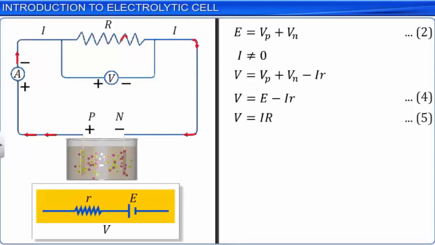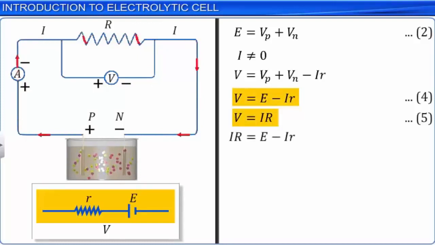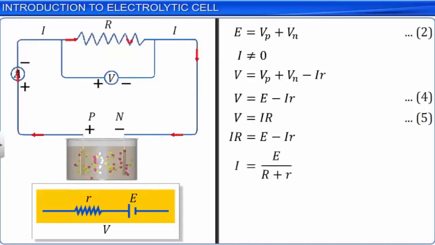Combining equations 4 and 5, we get I into R is equal to E minus I into r. On rearranging the terms in this equation and simplifying, we get I is equal to E divided by R plus r.